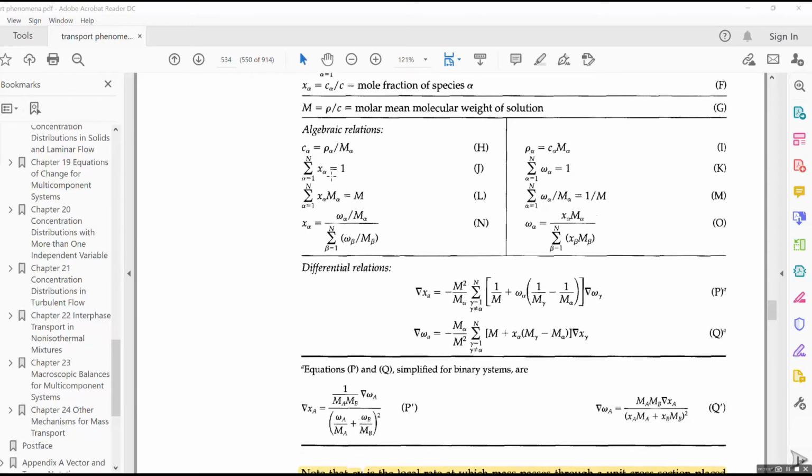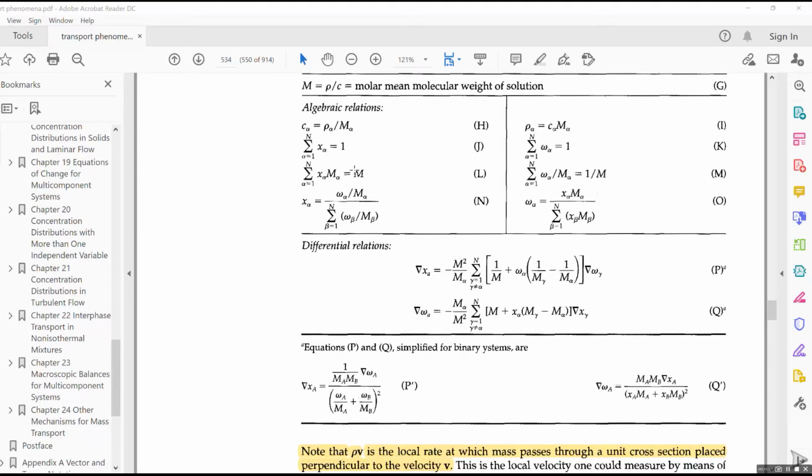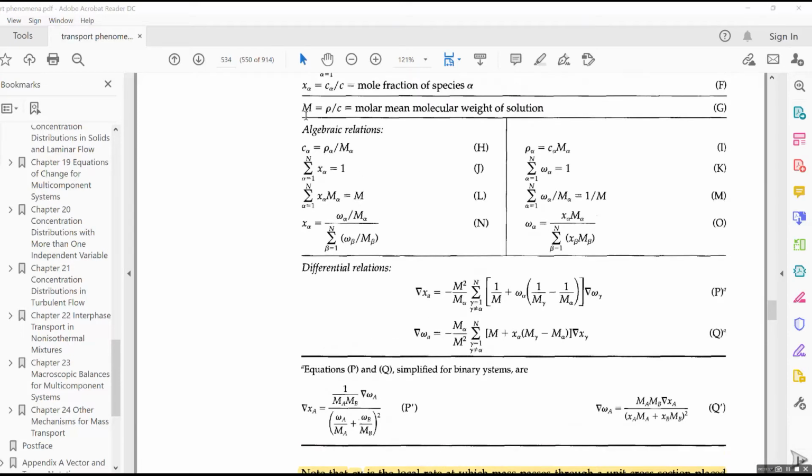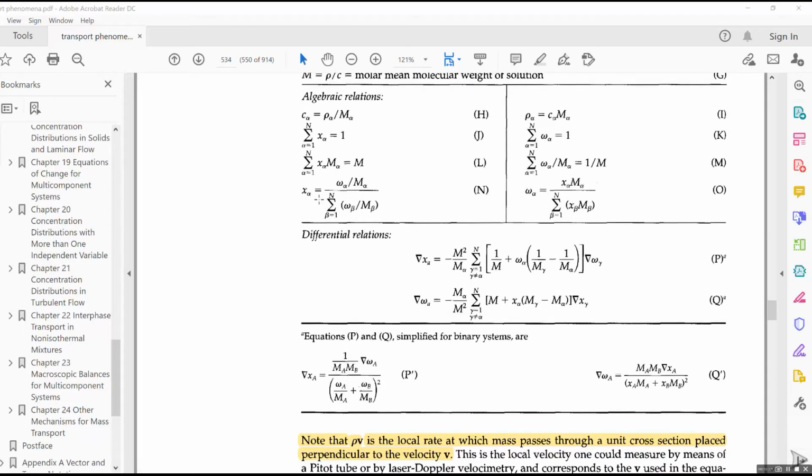The summation of the mole fractions has to give 1. Also, the individual species alpha mole fractions multiplied by their molecular weights give M, the molar mean molecular weight of the solution or the mixture, and we can calculate the species alpha mole fraction by this formula.